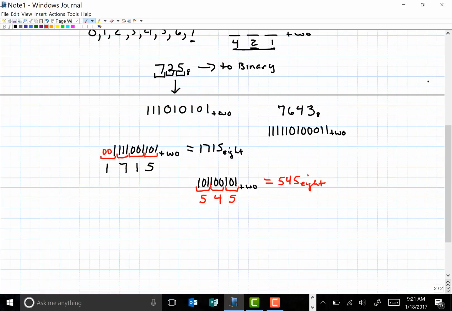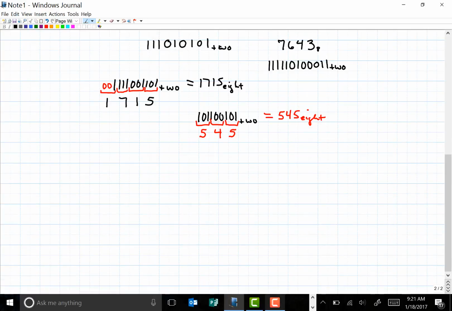Now in base 16, or the hexadecimal, we have to have 16 digits. And of course we know that in our system we only have 10. So if I write them down here, since we have a base 16 system, we need to have 16 digits.